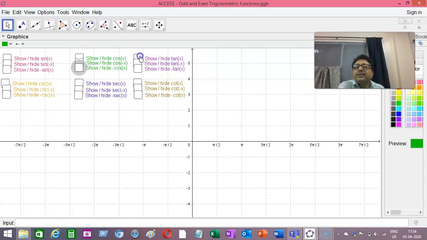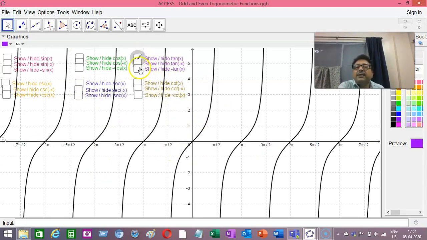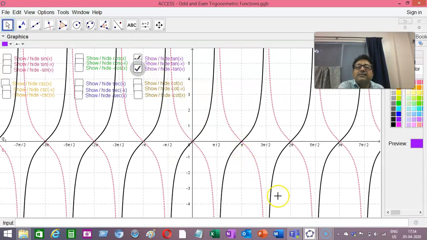Go for the tan x graph. See what happens. This is the tan x graph, minus tan x, just like this. This is also a reflection. See, this part is reflected about the x-axis, and this part is reflected about the x-axis. When this part is reflected, you will get this. This is the graph of tan x. When this part is reflected about the x-axis, it will go there.